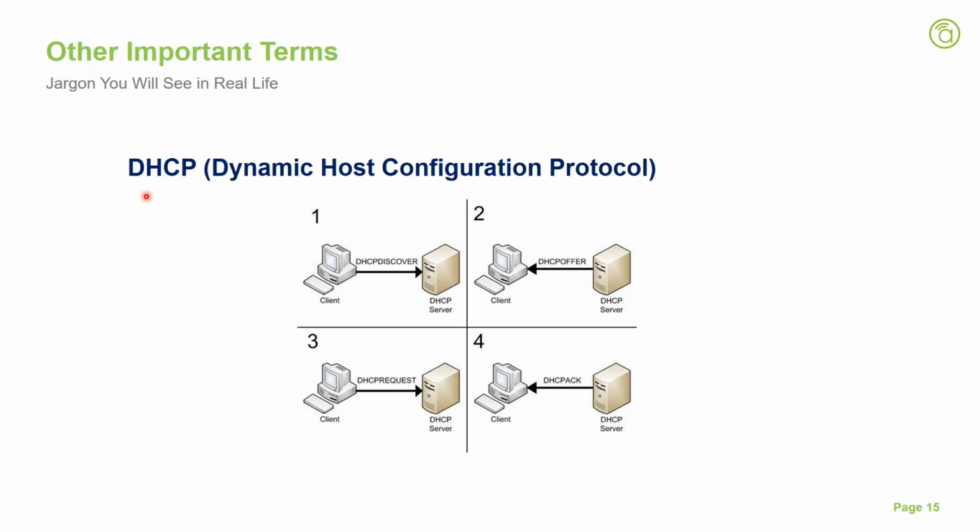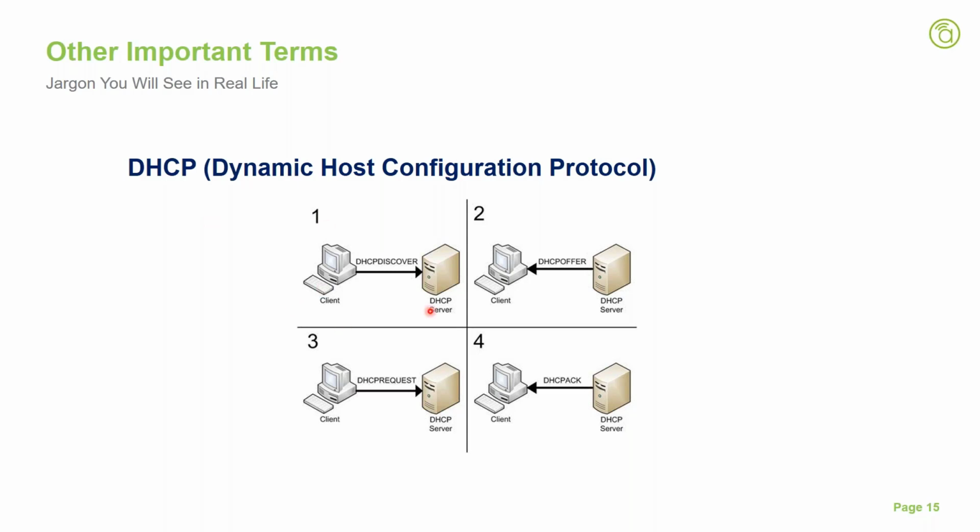So people started to think about how to do things smarter, rather than going one by one and typing IP addresses. They thought, can we do things in a more automatic way? And this is where DHCP comes in. It's a layer 3 protocol designed to automatically assign an IP address to a device.